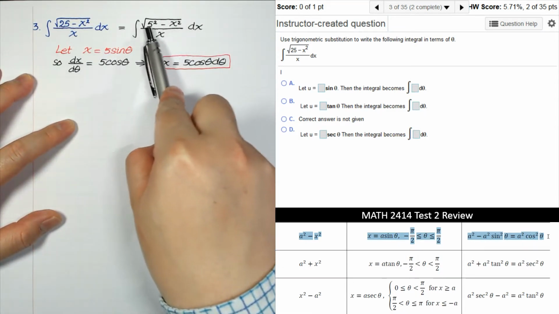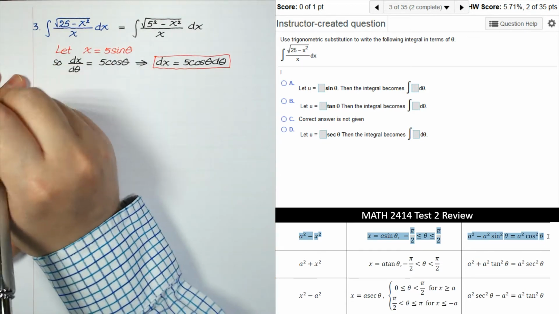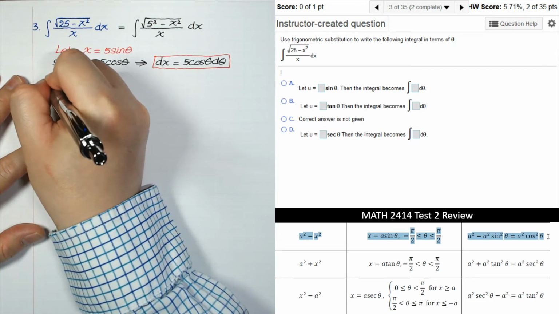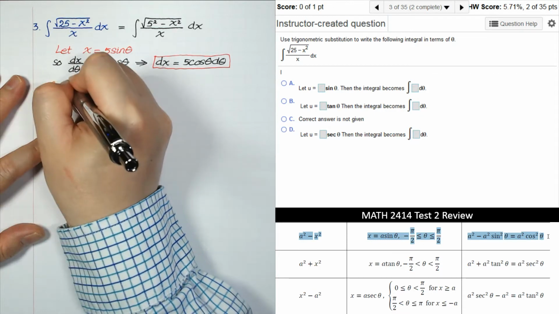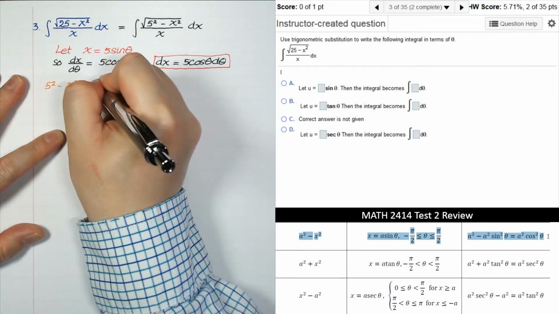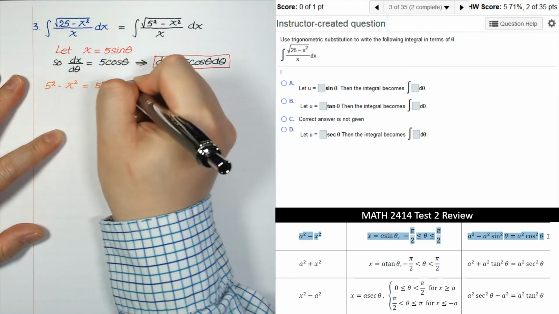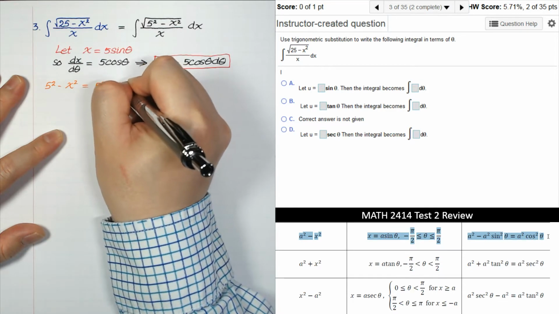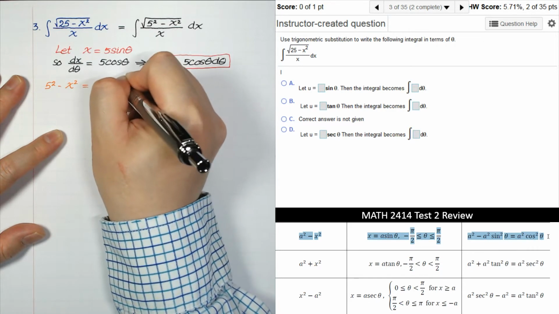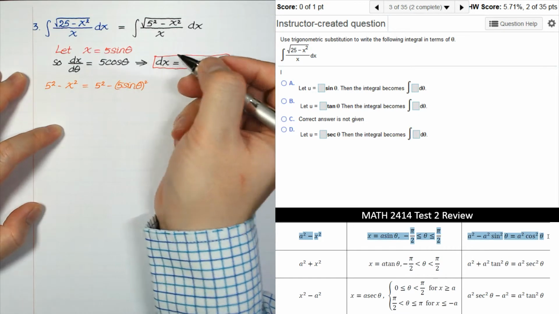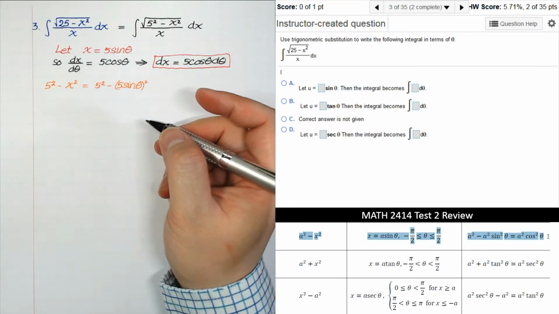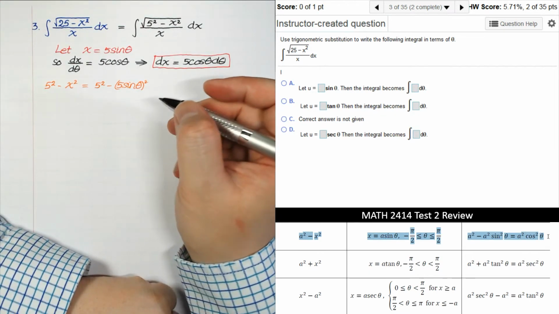And then the part we have, 5 squared minus x squared, equals 5 squared minus (5 sine theta) squared. It's going to be 5 squared cosine squared, just like the formula that I highlighted on the other side.